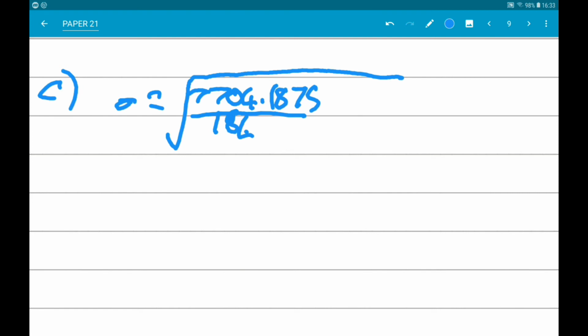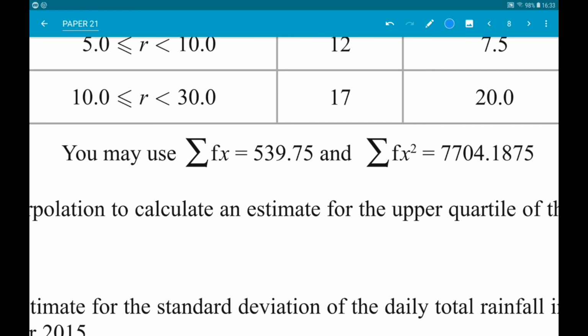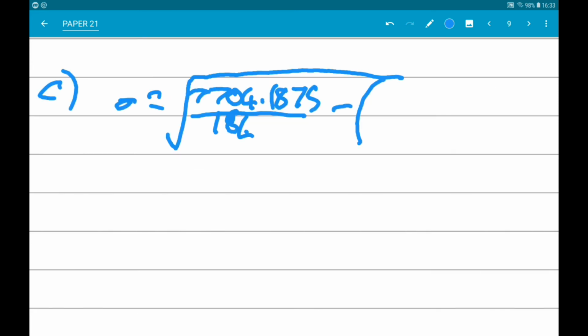Minus the mean, minus the mean squared. Now again, the mean is sigma fx divided by n, 184, so 539.75 divided by 184, and that is squared.